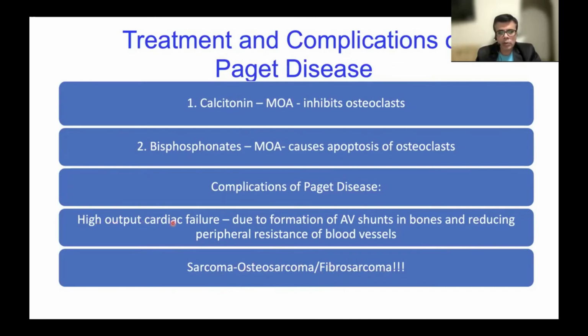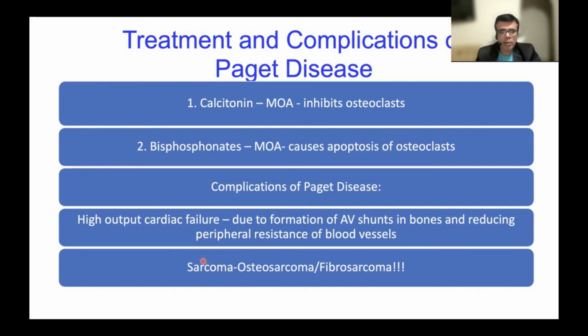There is high output cardiac failure seen in many of the cases. This is due to the formation of abnormal arteriovenous shunts in the bone, which cause increased blood flow through this abnormal channel, increasing cardiac load and causing high output cardiac failure. So high output cardiac failure and osteosarcoma are the clear-cut complications of Paget's disease.